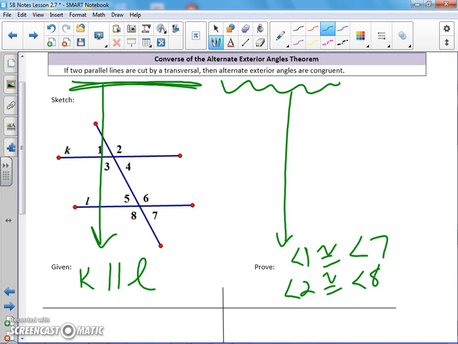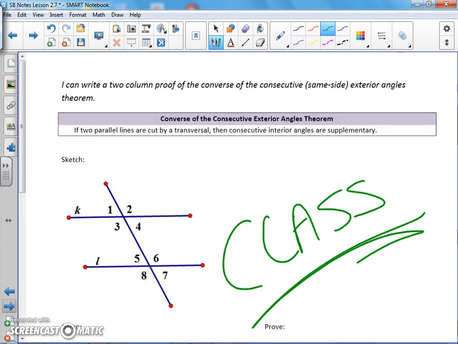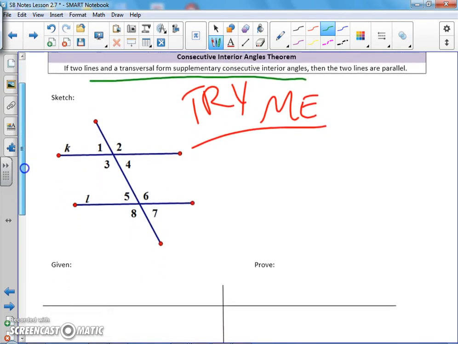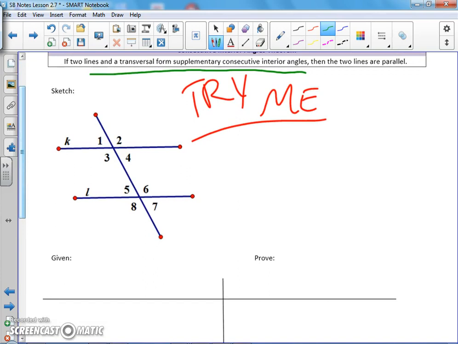Now skip ahead to the next one that you needed to try, which is not this page but the following one. So now you should be on page 64. And we want to look at this the same way. Okay, they form supplementary consecutive interior angles. So I'm looking for a pair that are consecutive interior, and I have to say that they're supplementary.